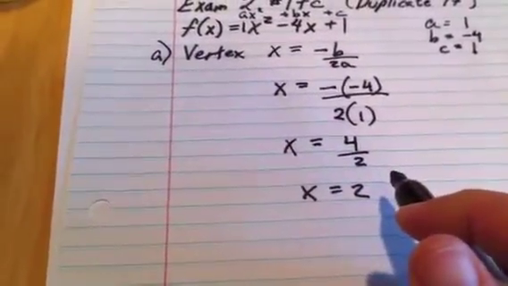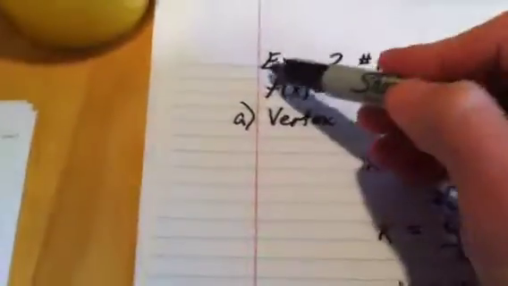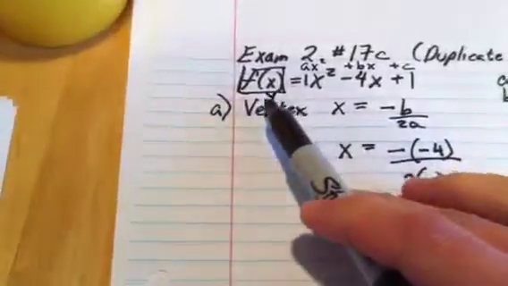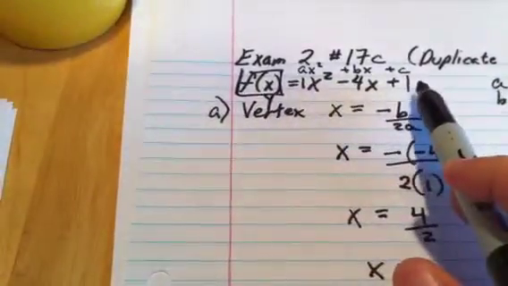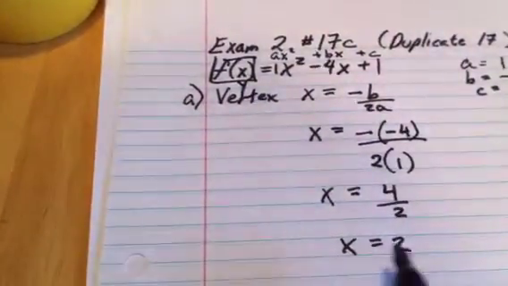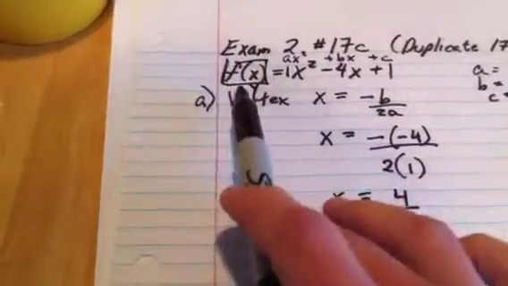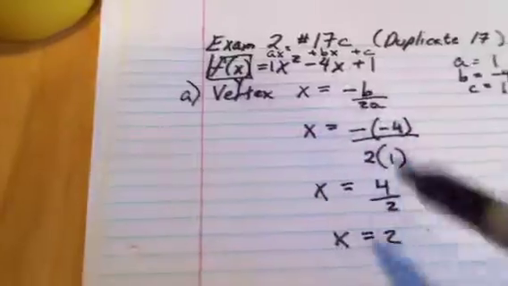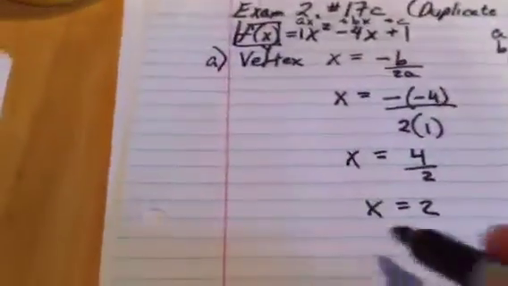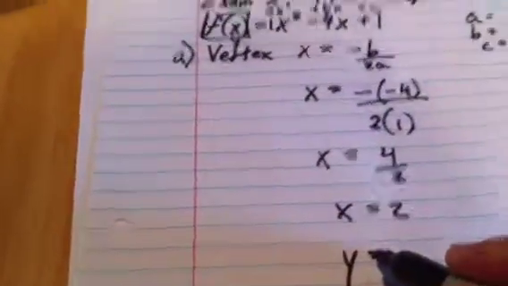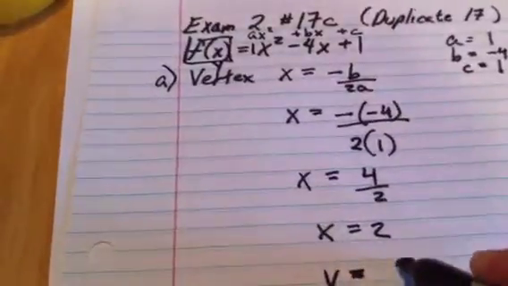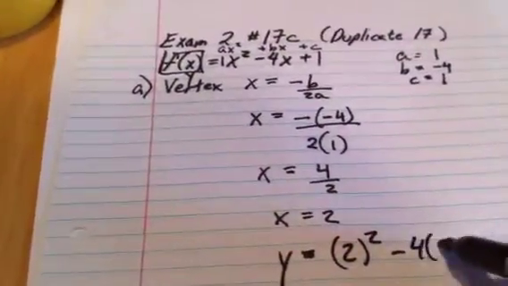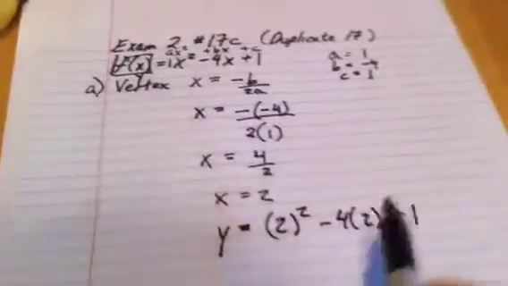To get the y-coordinate, remember that f of x is like y. So y equals this mess. So we just need to know when x equals 2 what y is. So plug in x equals 2 to this, and y will equal 2 squared minus 4 times 2 plus 1.